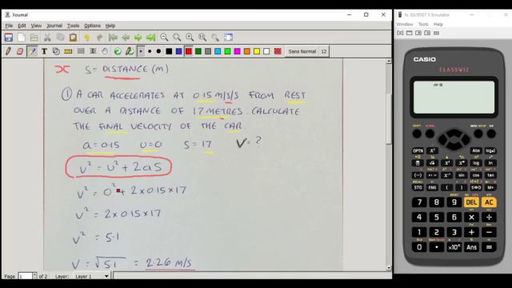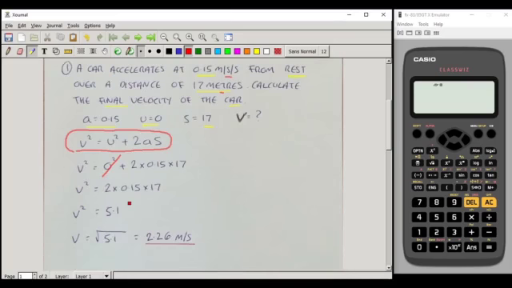So V squared equals 0 squared, since it starts from rest, but still put it in just in case, plus 2 times A, which is 0.15, times the distance, 17. Obviously we can get rid of that 0 squared. So V squared equals 2 times 0.15 times 17.